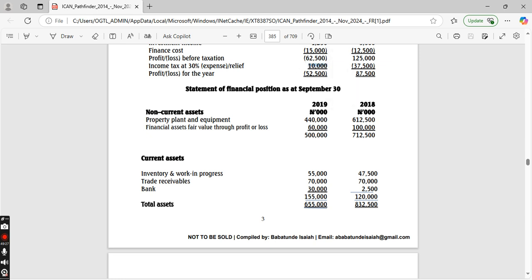What does that mean? This 10,000 is not an expense, it's an income, like tax savings. Do we understand? So it means they gave us additional 10,000. That's why we have it as a relief here.